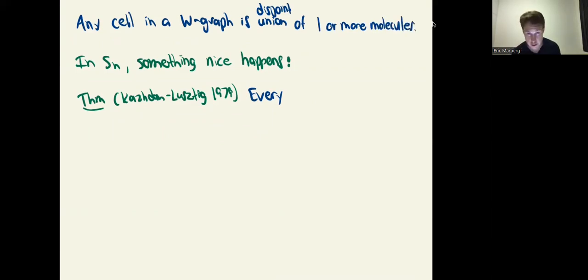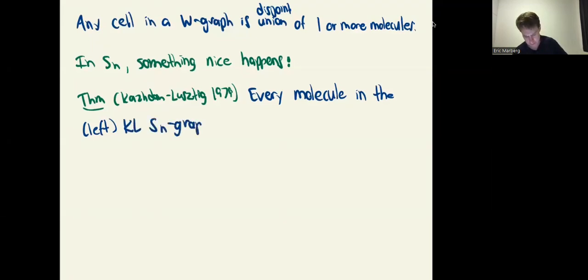But in some situations like S_n, we have this nice thing that occurs. Every molecule in the left Kazhdan-Lusztig S_n graph is a cell. So cells and molecules in the Kazhdan-Lusztig graph of the symmetric group are the same.